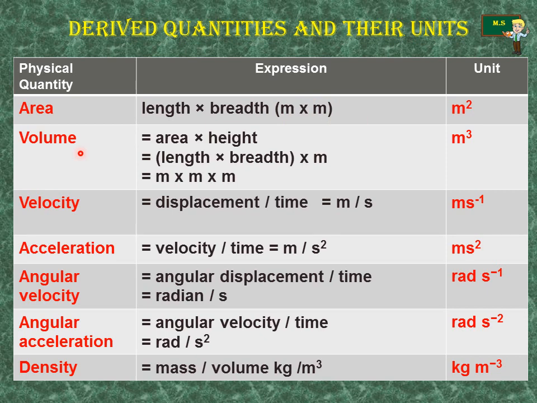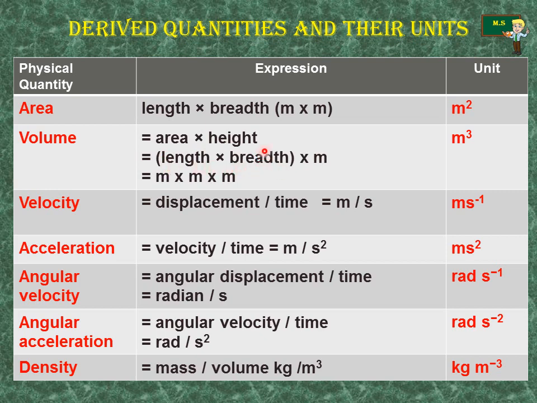Likewise, for a volume, area into height. As per the before expressions, we know area into height. To calculate a volume, we need an area and then the height. Actually, area has been defined as length into breadth.